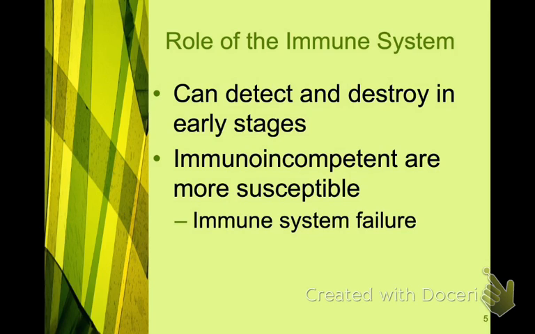But think about someone who's immunocompromised, someone that has autoimmune disease, someone with immune system failure. They are more susceptible because you've got that cell wanting to break through those boundaries, and your immune system's not fighting as well. So they're more susceptible to cancer, right?